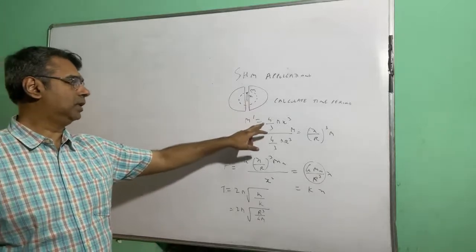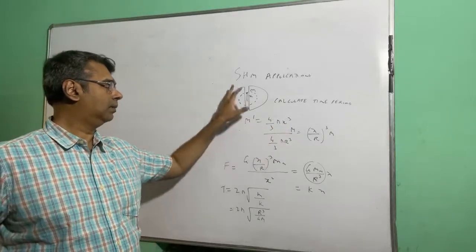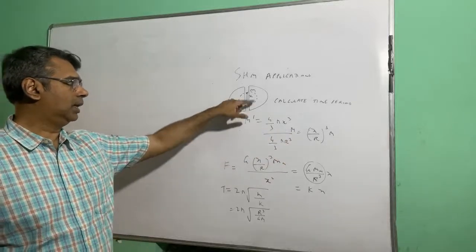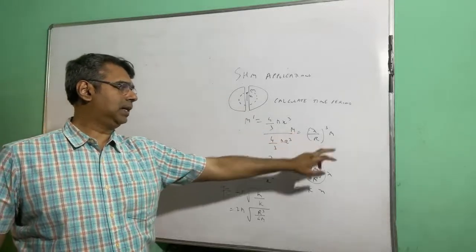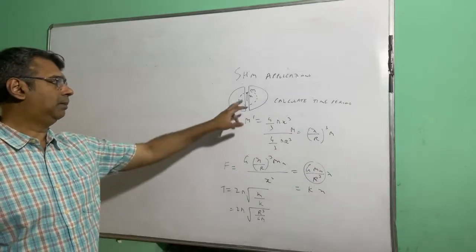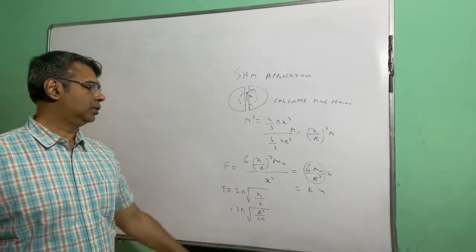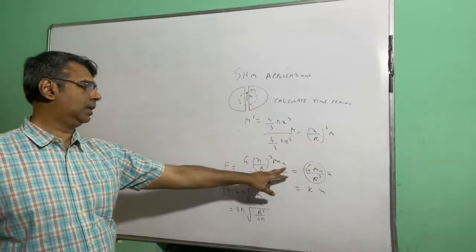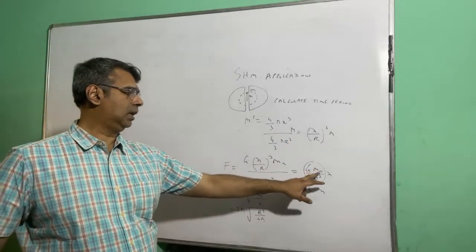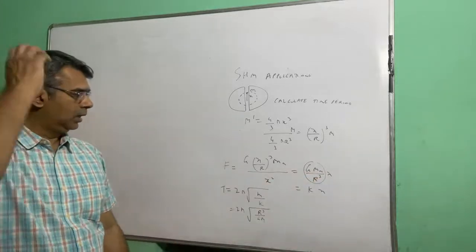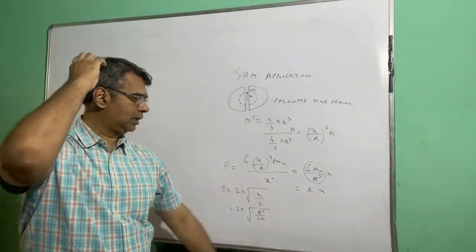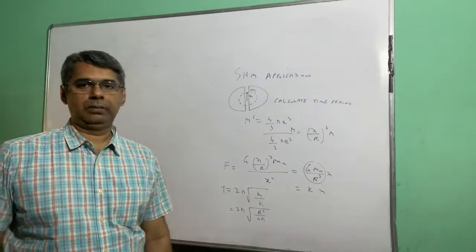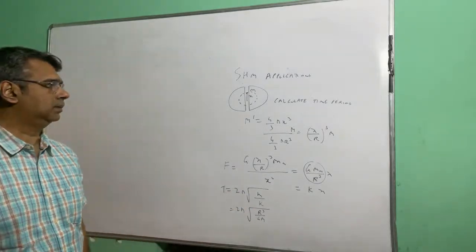Its mass is 4/3 pi x cube by 4/3 pi r cube into the mass of the whole sphere, capital M, so x by r whole cube into capital M, and the particle's mass is small m. So G into the mass of the dotted sphere into the mass of the particle by x square gives G capital M small m by r cube into x. Force is equal to force constant into x. So 2 pi root m by k gives 2 pi root r cube by GM. This will be the answer.